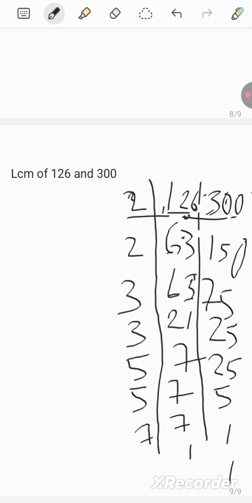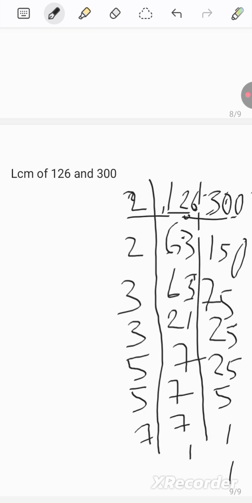Note, you can start with 7 here, as I started with 5 here. There is no rule confining you to starting with smaller to bigger. You can start with bigger to smaller, as long as the division of both numbers does not give you a remainder.